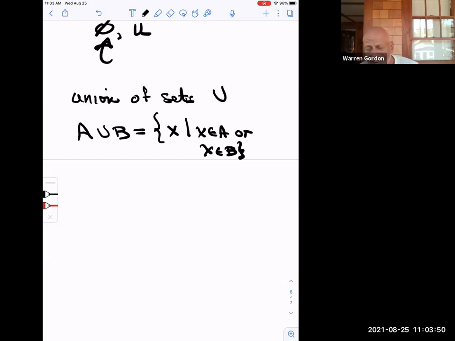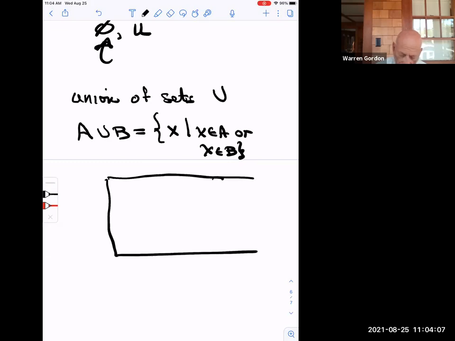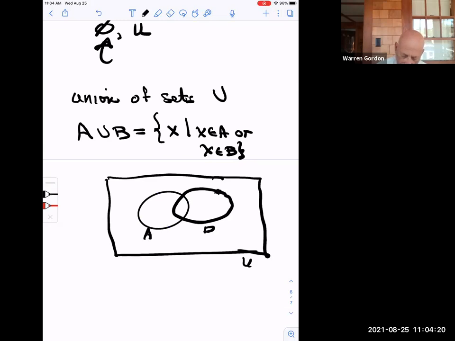For example, if I say I'm going to have ice cream or cake for dessert, that means either I'm having ice cream, or I'm having cake, or I'm having both. If I wanted to represent this pictorially, I'll give you a numerical example in a second. Here's my universe. Here's A. Here's B. If I shade in the region in question, every element is either in A or in B or both.